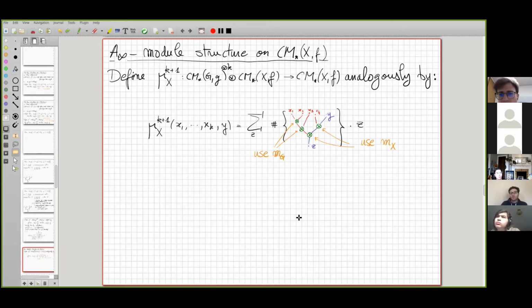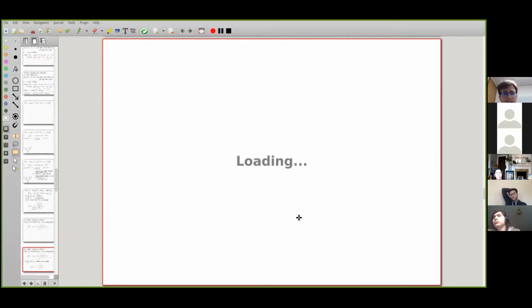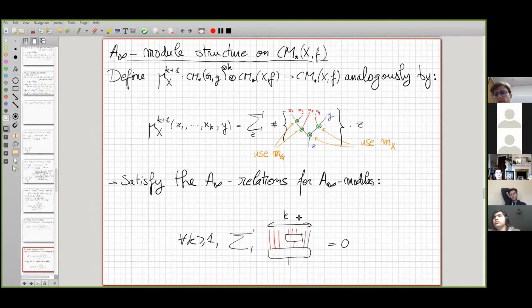And then in this part, you use the multiplication mX. So then you get the module structure in the sense that it will satisfy a very similar relation as before. It's exactly the same, except that now what happens on the right is in blue. So that is how you can define this module structure on the Morse complexes.